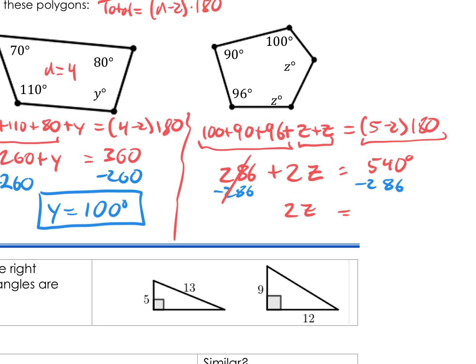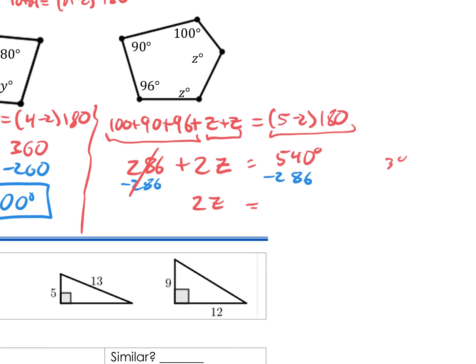How far is it from 286 to 540? That's like taking away 200 and 86, which I think comes out to be 254. Sounds good to me. Can double check there. 54 plus 86 is 140, and 200 makes 540. Cool. Found it.